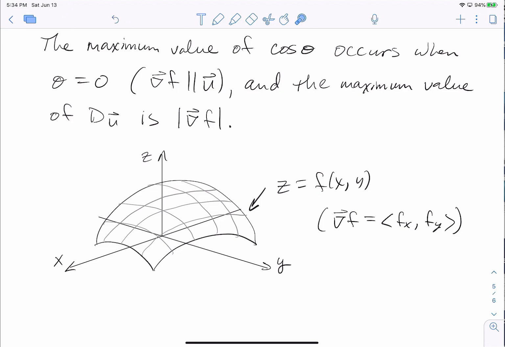Anyway, folks, suppose we have a point P on the surface and it's got a shadow in the xy plane. And if you were standing on the surface at the point P, you can look and see which way is the steepest, what direction would make you go the steepest, and what direction would be the steepest in the other way.